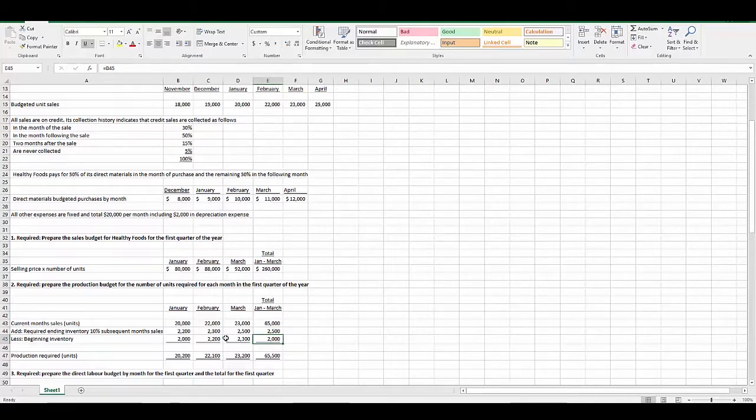That schedule now shows you how many units you need to produce each month to meet that month's expected sales, plus to have a sufficient quantity on hand to have 10% of the following month's sales to start off with. So that concludes part 2 of the master budget.